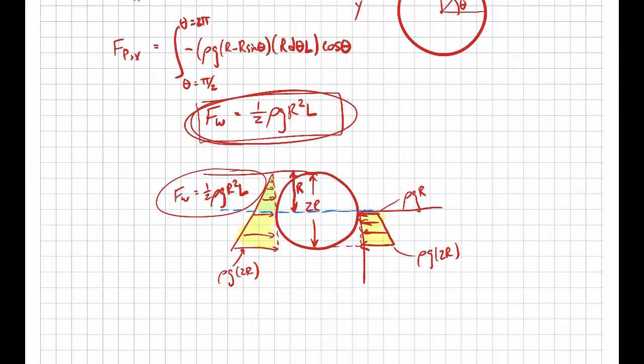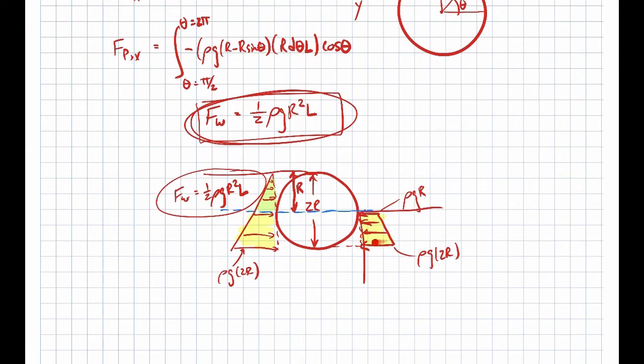So the full pressure force acting on the left-hand side will be 1/2 rho g (2r) squared times L. But then you have to remember there's a pressure force acting on the right-hand side, going from the center of the cylinder down to the bottom, keeping in mind that this is not a free surface here, but at this point the pressure is rho g r. It's still a distance r below the free surface.